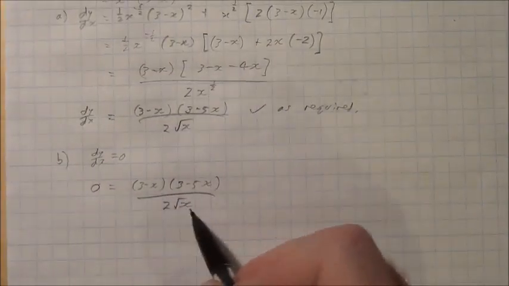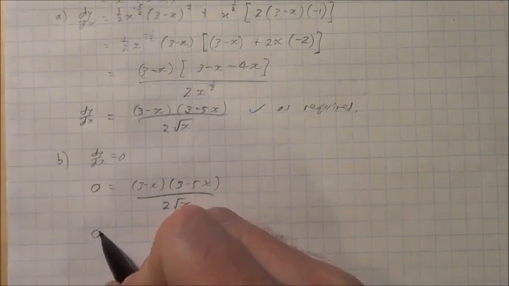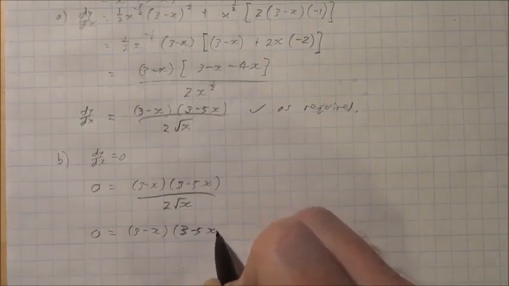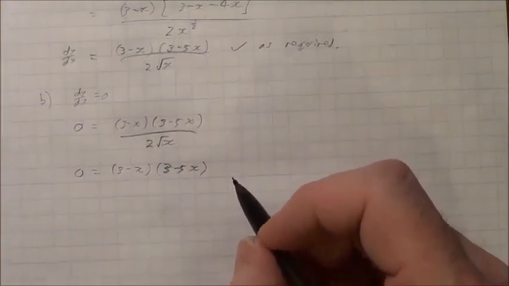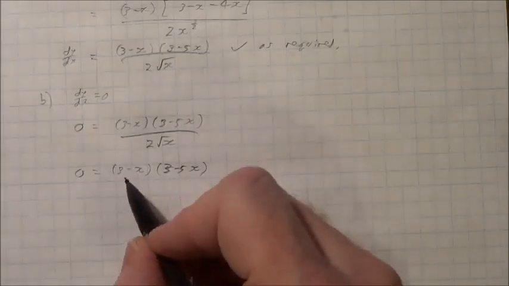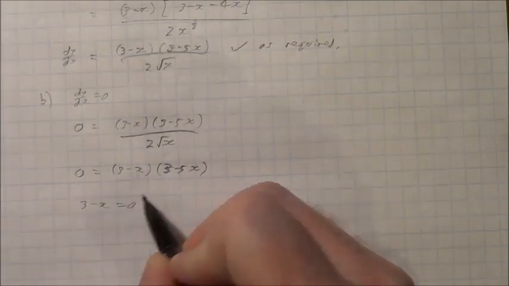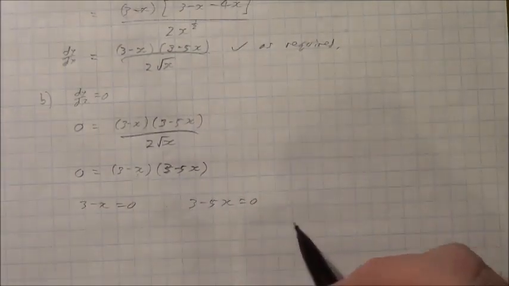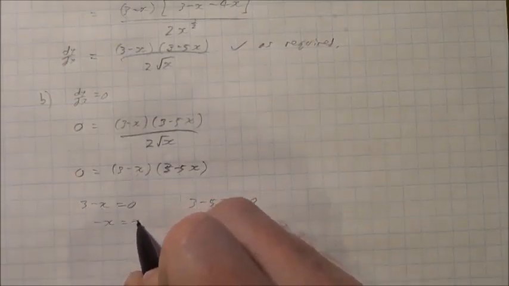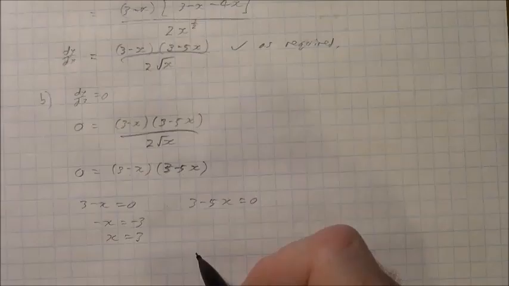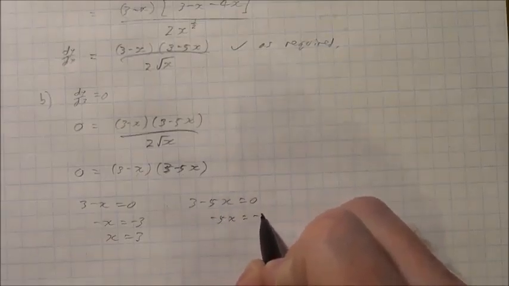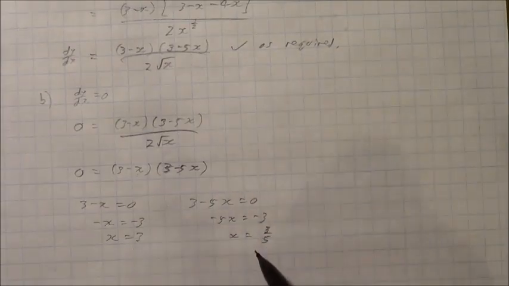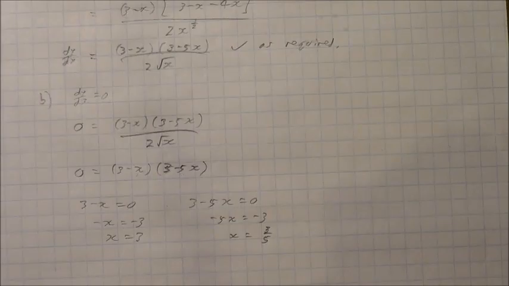Multiplying both sides by the denominator, I get 0 equals quantity 3 minus x, quantity 3 minus 5x. If two numbers multiply together to give 0, then either the first equals 0 or the second equals 0. Solving for x: negative x equals negative 3, therefore x equals 3, and negative 5x equals negative 3, so x equals 3 over 5. Those are the two x coordinates where there is a horizontal tangent.